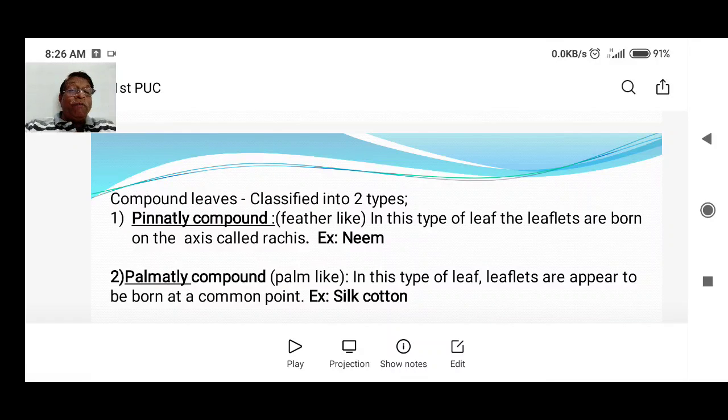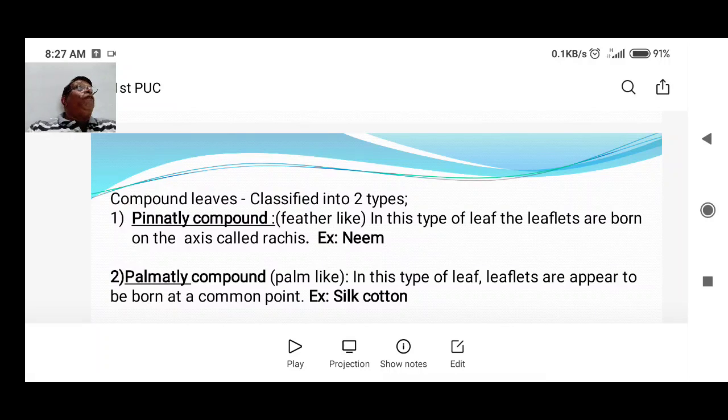Neem leaf, curry leaf, you have seen the curry leaf plant. Feather like. The leaves are feather like. Palmately compound. The leaves looks like a palm. Palm means the palm of the hand. For example, silk cotton.